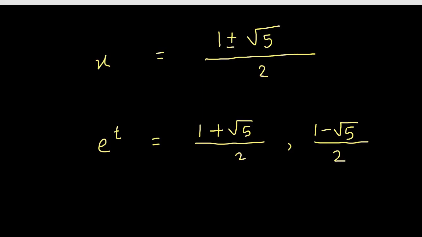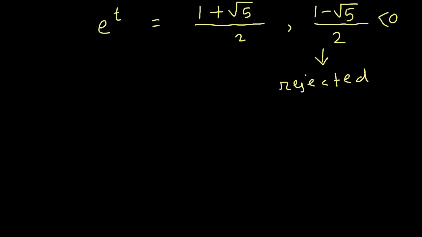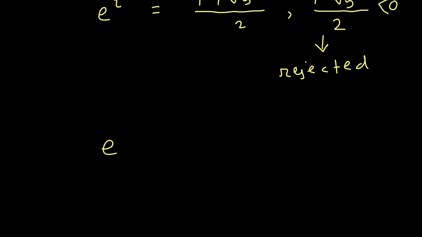But the value 1 minus square root of 5 by 2 is rejected because for any real value of t, e to the power t cannot produce a negative result. So this is rejected. So the valid solution is e to the power t equals 1 plus square root of 5 by 2.